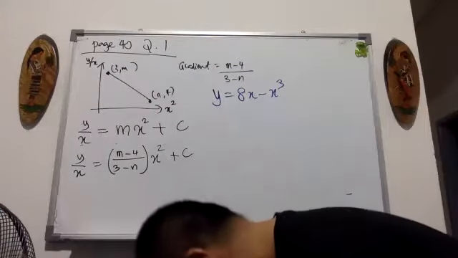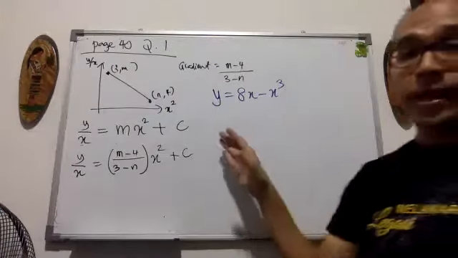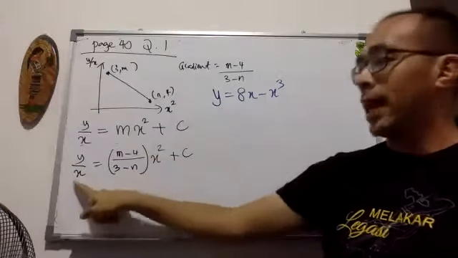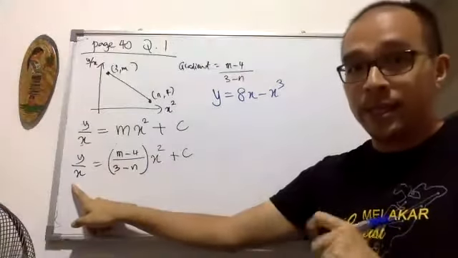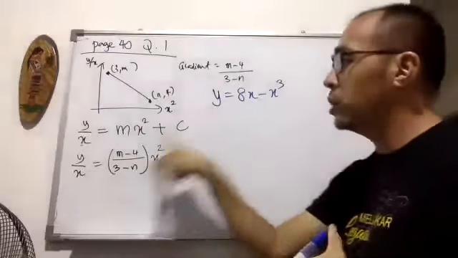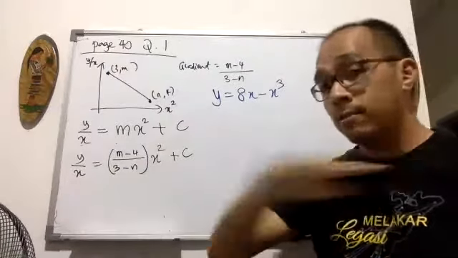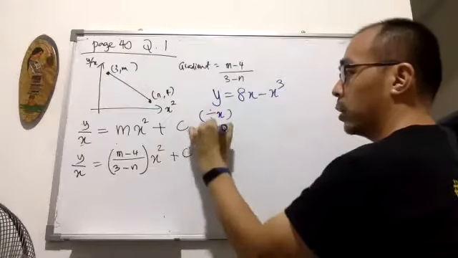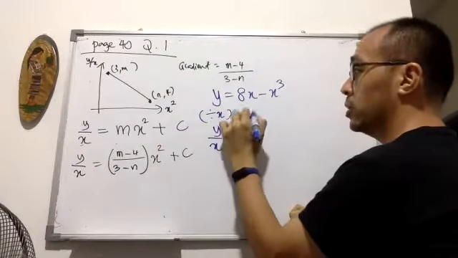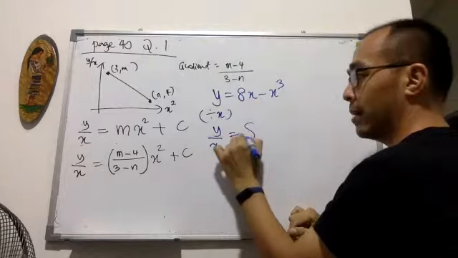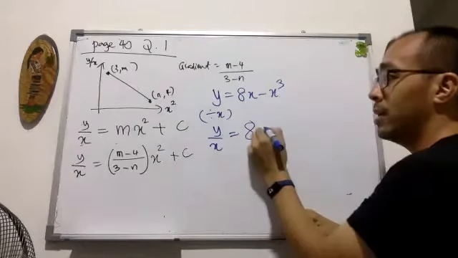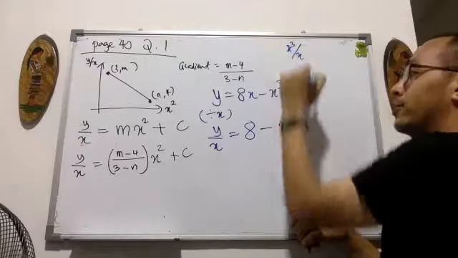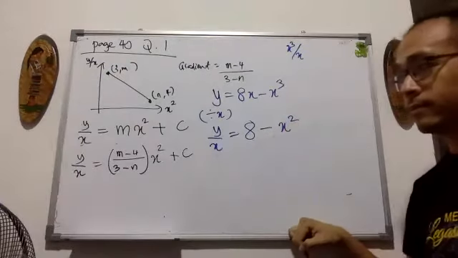Just like just now's question, let's change the y-axis to become the y-axis that we want. So how do we change y to y over x? Kita bahagi semua dengan x. So we divide everything by x, and we get y over x equals 8x divided by x just becomes 8, minus x cubed divided by x will become x squared.